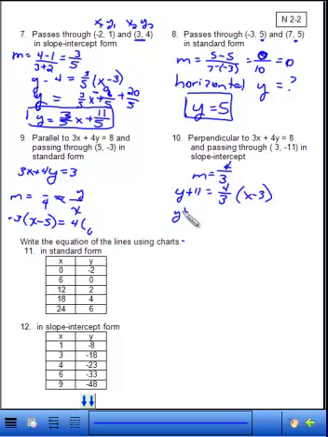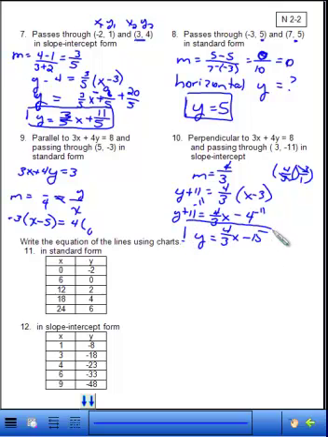Well, so we have y plus 11 is equal to 4/3 x, and 4/3 times 3 over 1, these cancel, so you're left with minus 4. Then I have to subtract 11 from both sides. And so my final answer is y equals 4/3 x minus 15. And that's the perpendicular line.